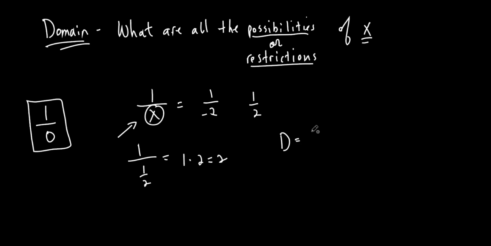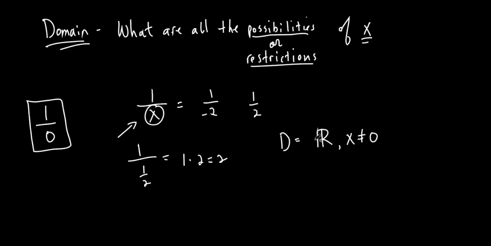There's a fancy way to write all the real numbers. What's a fancy way we can write all the real numbers? Remember this? Remember that capital R with that little extra thing? That's all the real numbers, except for, right, you could say that x cannot equal what? 0.